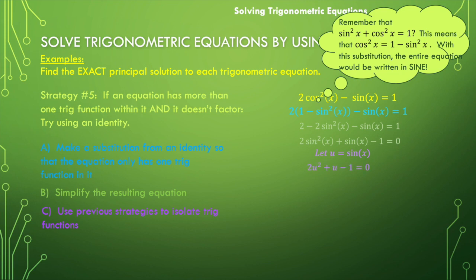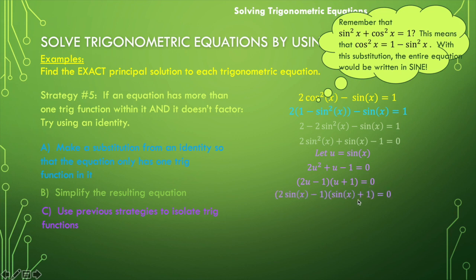Now we think about how would that factor. We're going to factor this as 2u minus 1 times u plus 1 is equal to 0. Now go ahead and back substitute this sine of x into these expressions where you see u. So 2 times the sine of x minus 1 times sine of x plus 1 is equal to 0.